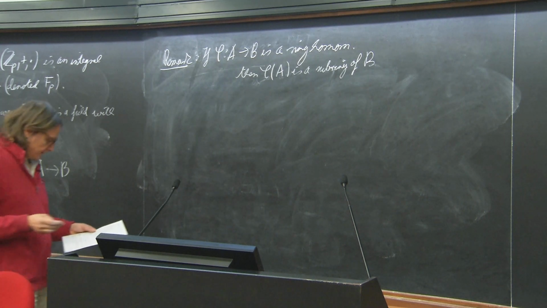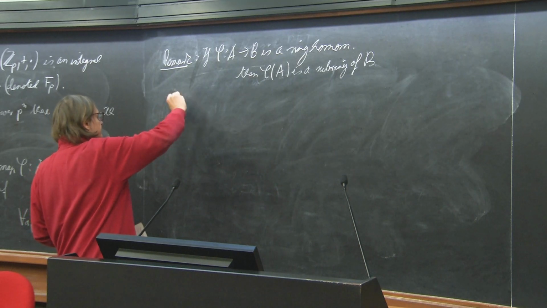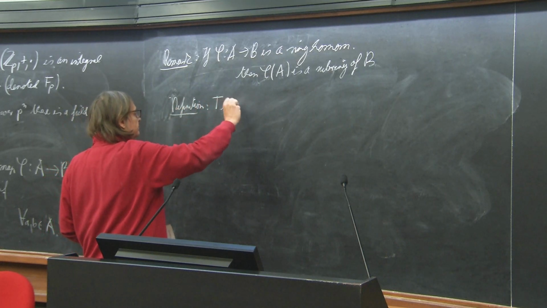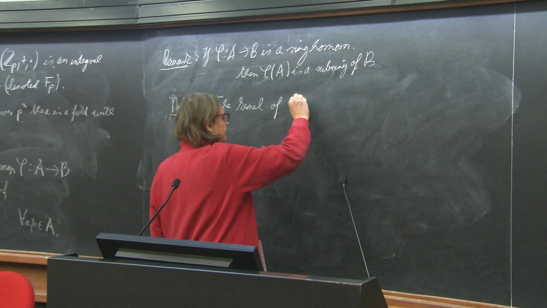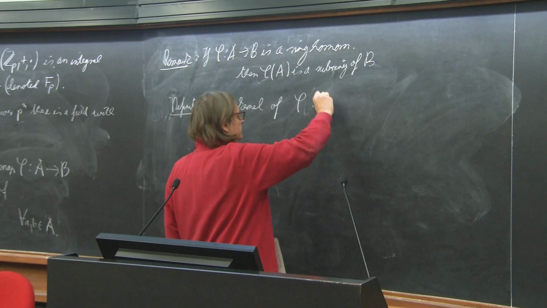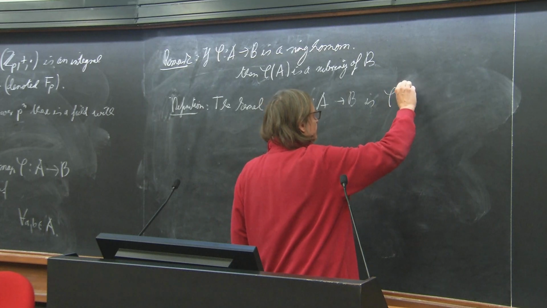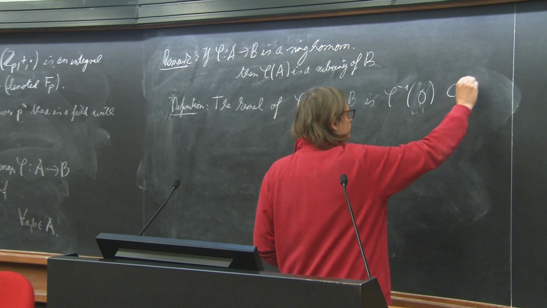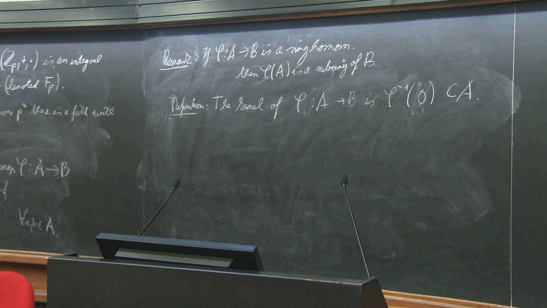So the definition: the kernel of the ring homomorphism phi from A to B is phi inverse of 0. And it's again very easy to see it's a subring, but it will be something better, namely an ideal.